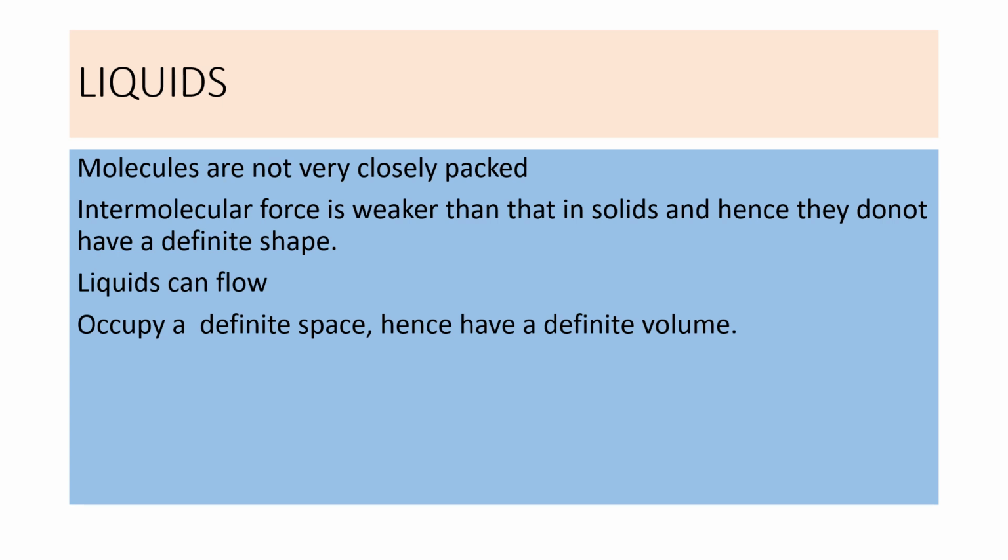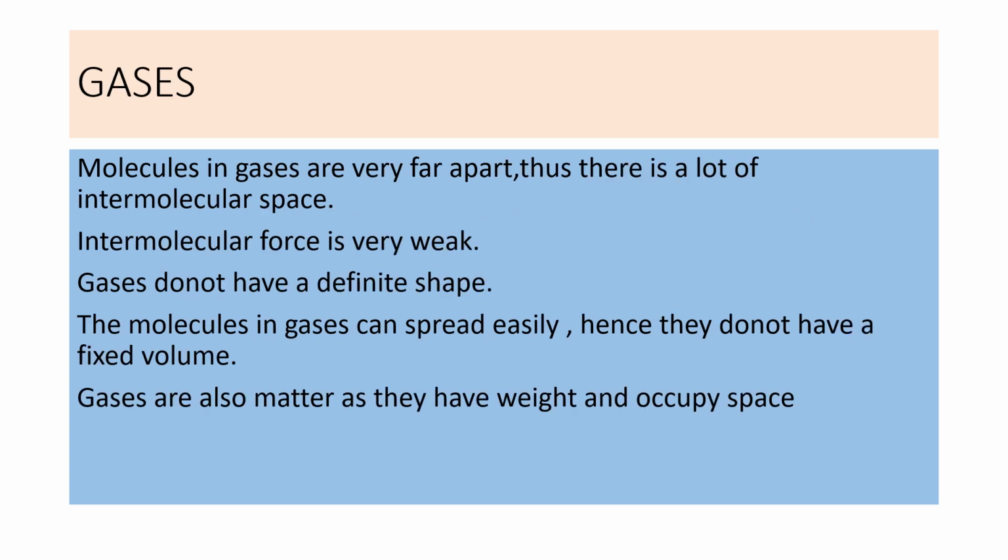Hence, they do not have a definite shape. They take the shape of a container they are kept in. Liquids can flow. Liquids occupy a definite space, hence have a definite volume.